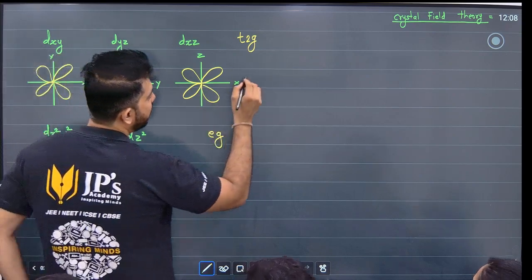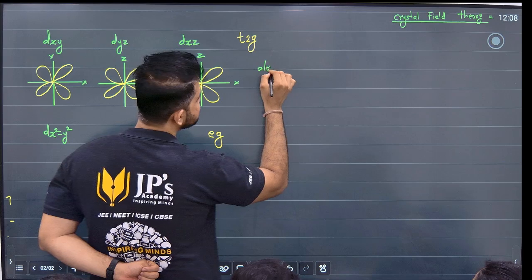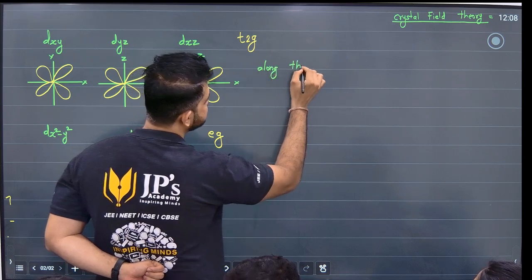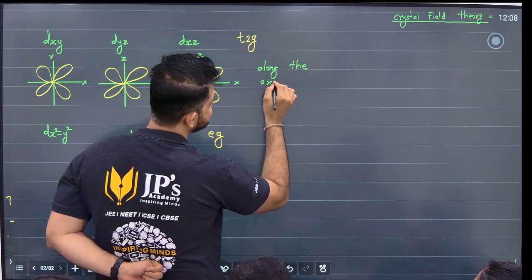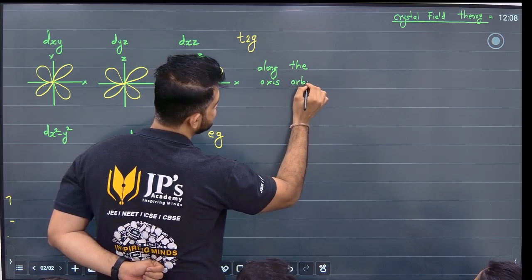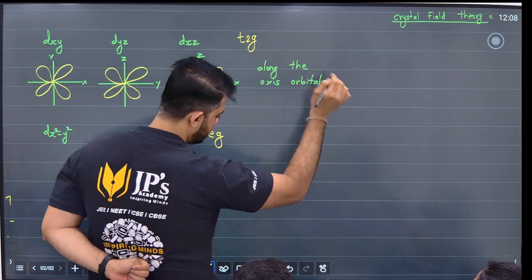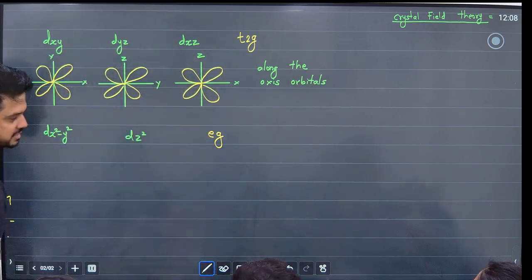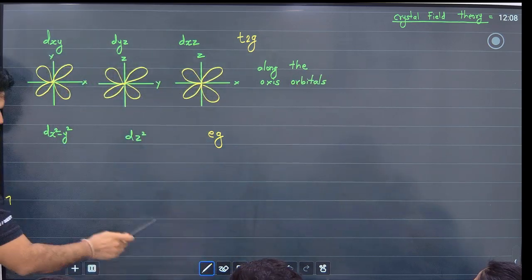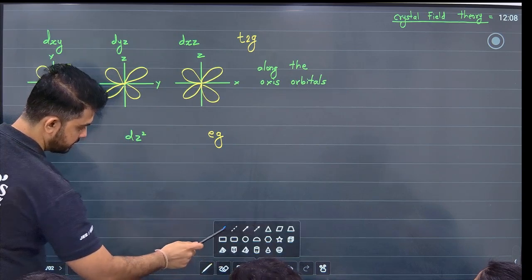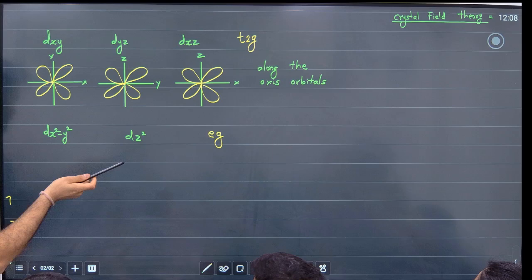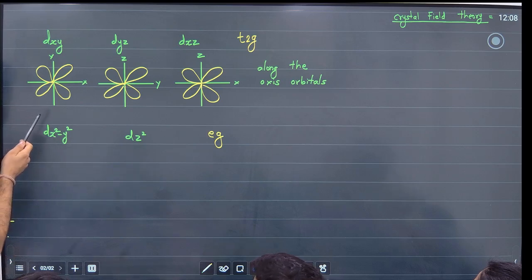Very good. Along the axis orbitals. These two, anyone remembers the shape? Many things were covered about these. Do you remember where the nodes were? Where are the nodes for xy?